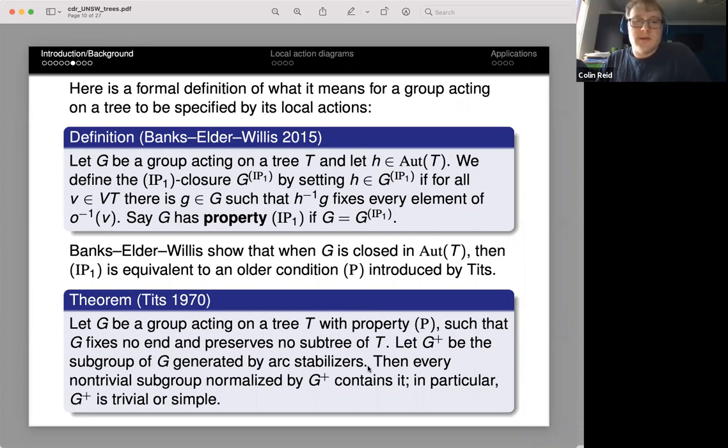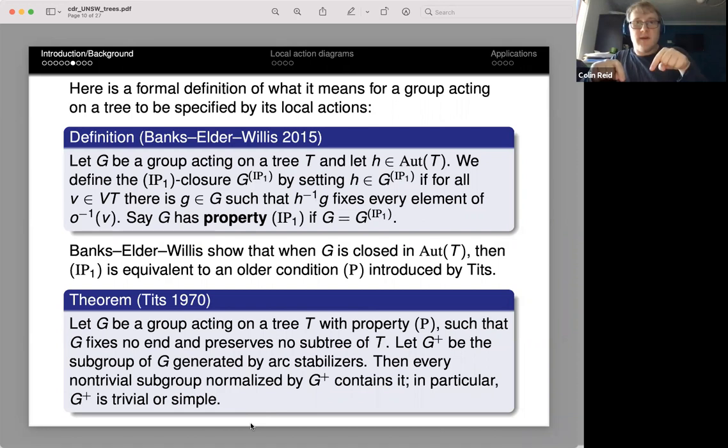Then what it shows is that every non-trivial subgroup of G that's normalized by G plus contains G plus. So in particular, G plus is trivial or simple. So for example, if you take a regular tree, let's say a regular tree of some finite degree D, then its automorphism group doesn't fix any subtree or ends, but the group generated by the arc stabilizers does preserve the bipartition of the vertices.